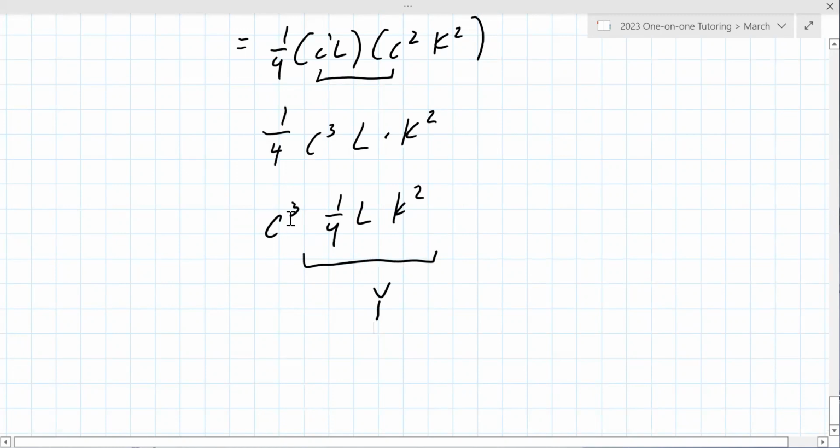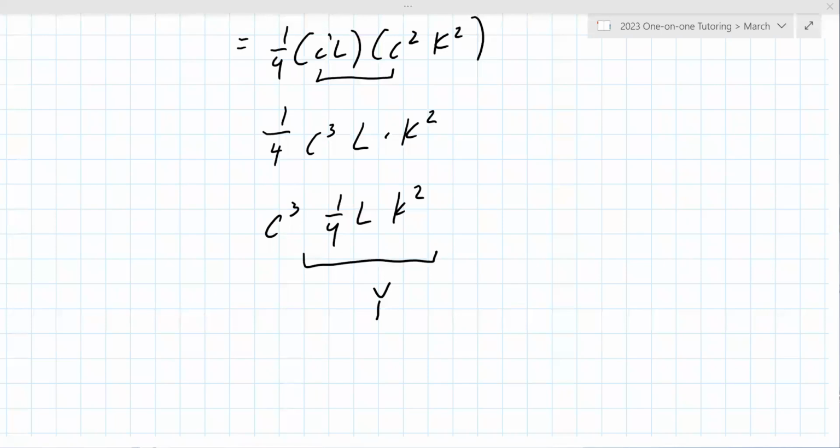If it's just C, it's constant returns to scale. If it's anything but that, it's not. It's cubic returns to scale.